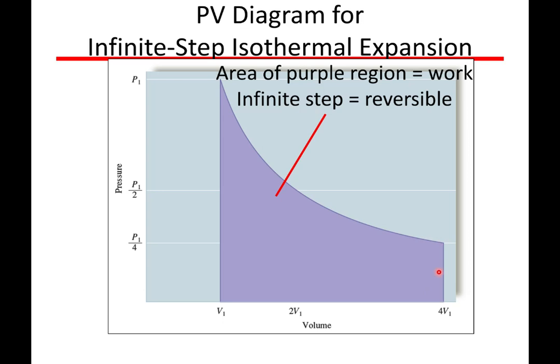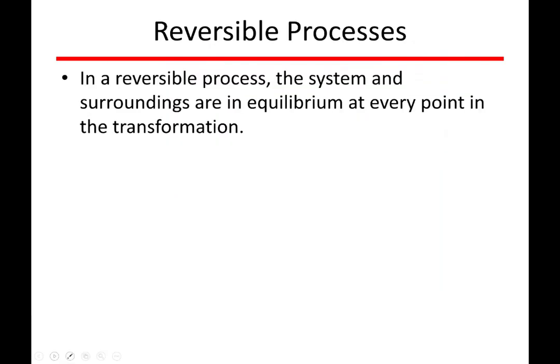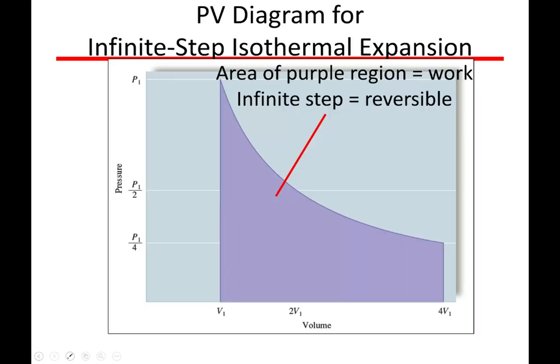Now, we refer to a process that's done in an infinite number of steps like this as being a reversible process. So let's talk about what that means, why we call it reversible. In a reversible process, you will have equilibrium between the system and the surroundings at every single point during the transformation because you're doing the process very smoothly and very slowly.